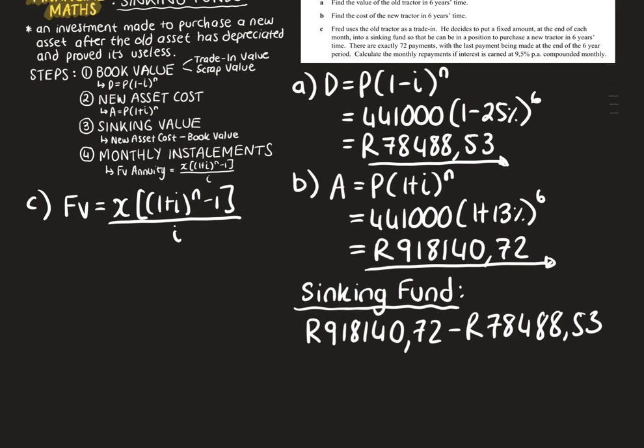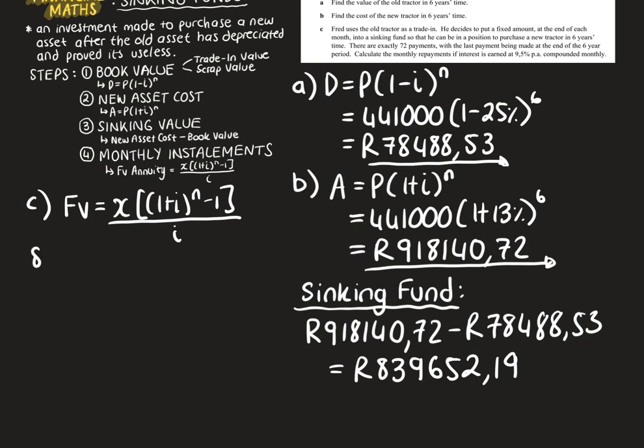Okay, and then that is going to be my future value for my question C. So we're just going to minus 78,488.53, and we're going to need 839,652 Rand and 19 cents. Okay, so that's the amount of money that I'm going to need in my sinking fund by the time I want to buy my new tractor.